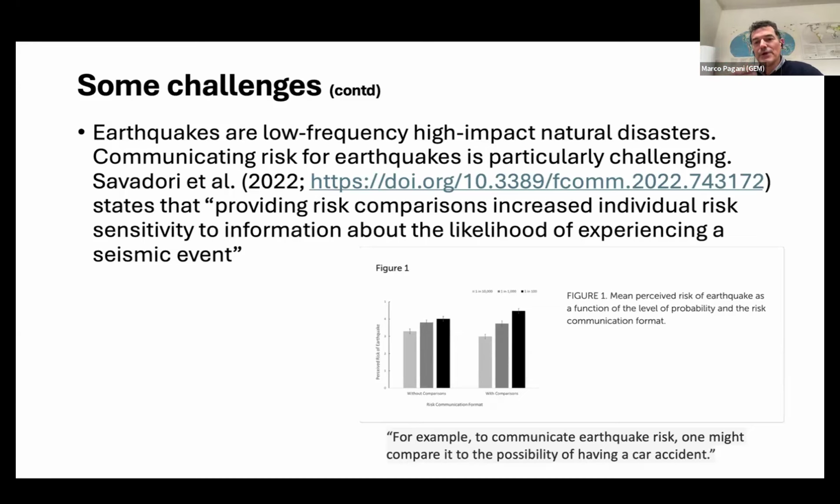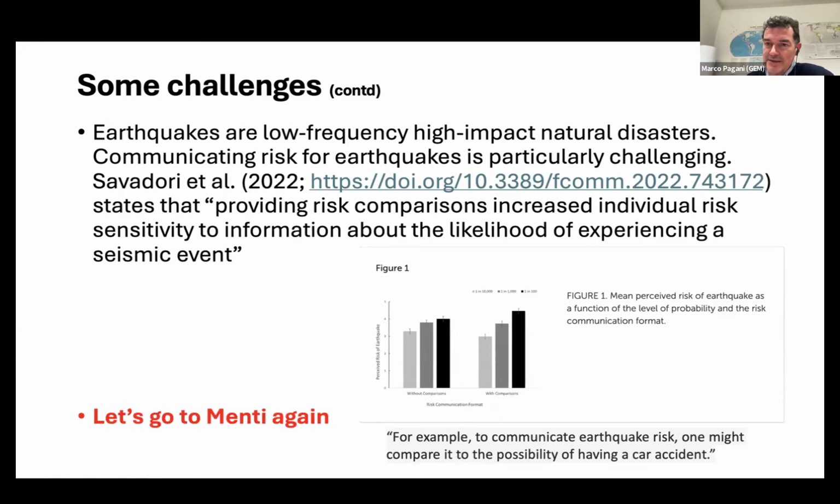That's a way through which people can better perceive the risk to which they might be exposed. This is actually the result of a research: it shows that when you provide some proxies, communication is more effective, and the general public is more able to understand the threat to which they are exposed.